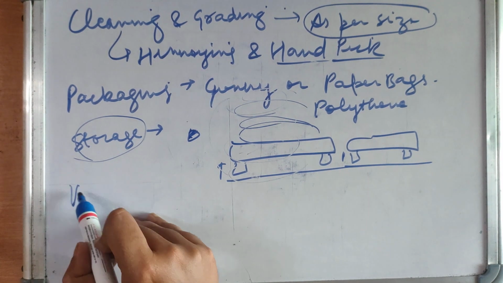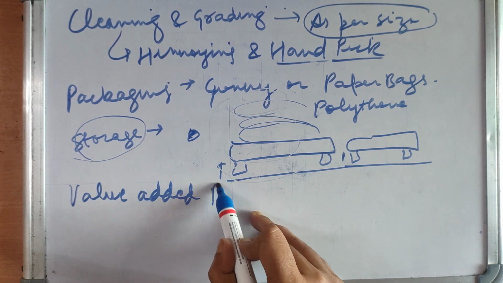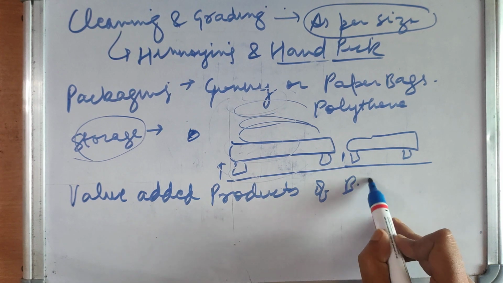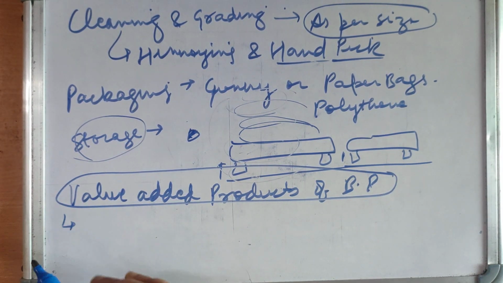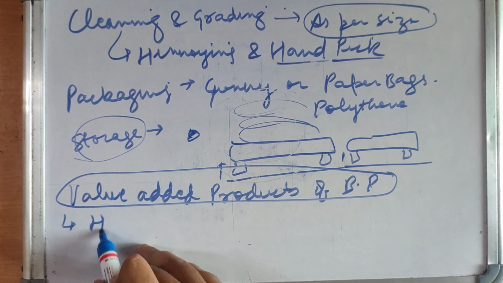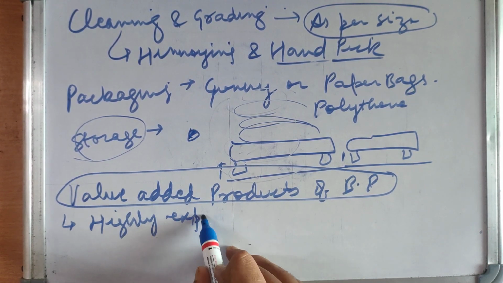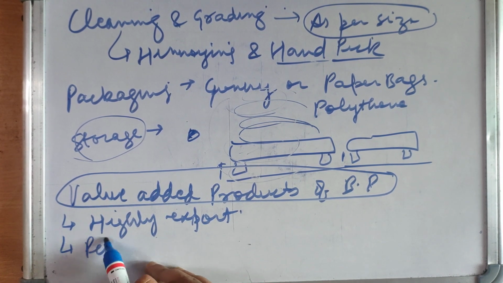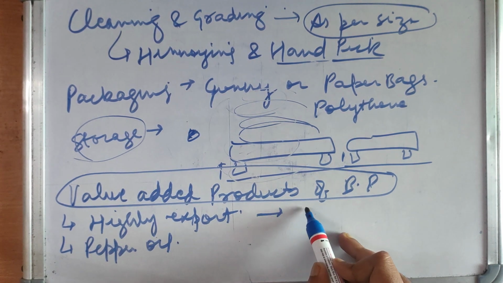Now, what are some of the value added products of black pepper? We all know that black pepper is highly exported from our country. India is one of the major exporters of black pepper, and pepper oil is made from it. Pepper oil is a highly used spice.